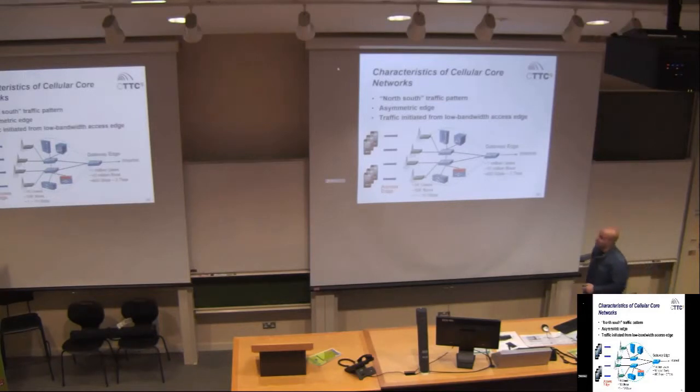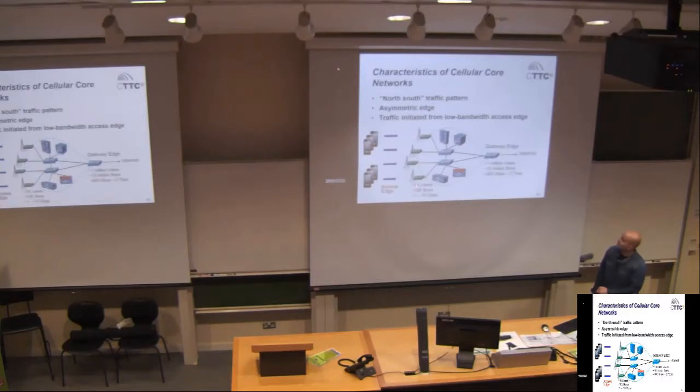So here you can see what the characteristics of this solution are. We have an asymmetric edge, which basically means that usually here we have a lot of capacity. Here we have less capacity. Here we have to deal in current deployments with a lot of flows. For instance, if we assume that each user has 10 flows, this box here has to aggregate all the users that are connected to these boxes here.